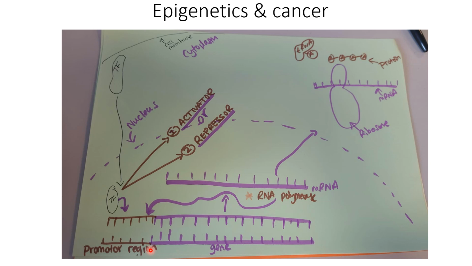If the DNA is hidden away, wrapped around tightly, then the gene will not be expressed, because the transcription factor cannot bind to the promoter region, cannot bind to the DNA. So it will not initiate transcription. That's the main important point for epigenetics: the accessibility of the transcription factor to the DNA.